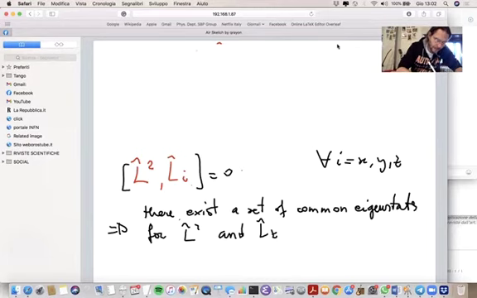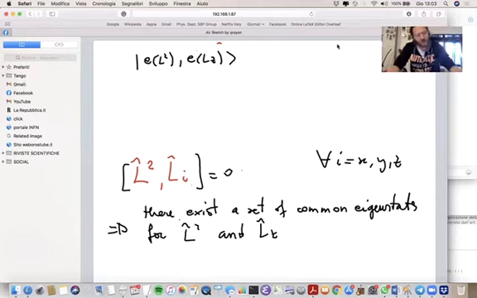So I can find a set of states with eigenvalues of L squared and eigenvalues of Lz. I can denote it with the corresponding eigenvalues. And what are these states?